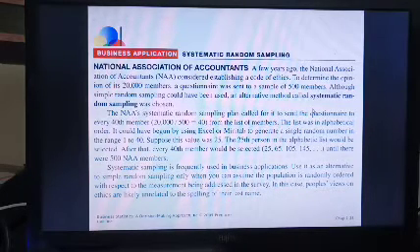Business application for systematic random sampling, from the National Association of Accountants. A few years ago, the National Association of Accountants, and I think we have a local counterpart for this, the Association of Accountants in the Philippines, considered establishing a code of ethics to determine the opinion of its 20,000 members.